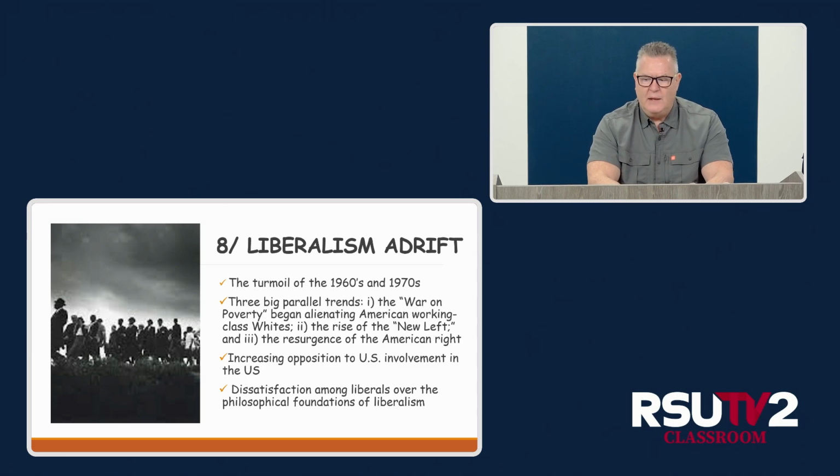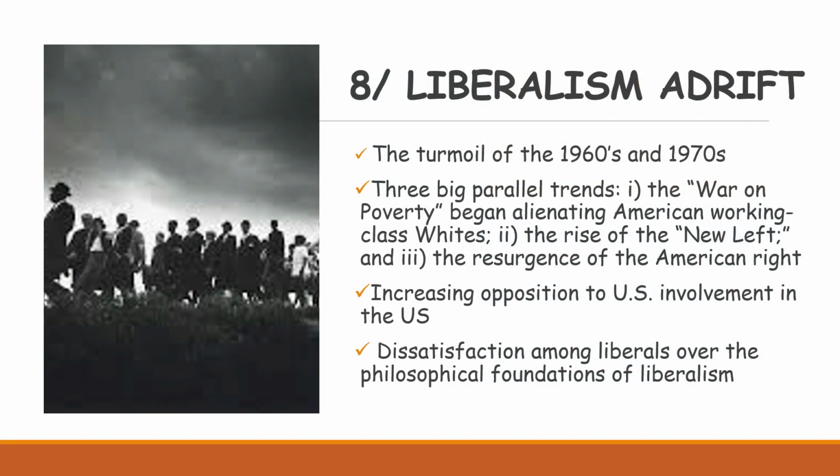And so the 1960s and 70s were characterized as a period of drift. There were three big parallel trends. The war on poverty was alienating American working class whites. You had the rise of the new left, a movement of youth that was increasingly alienating old school New Deal Democrats, especially American labor.